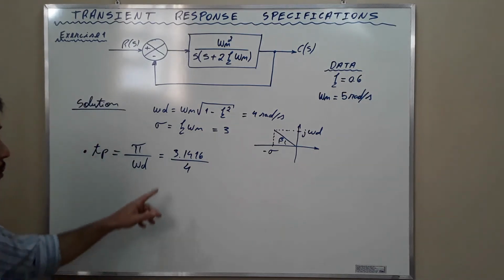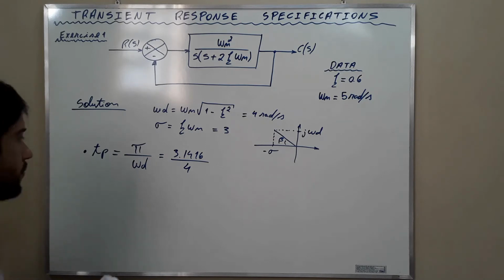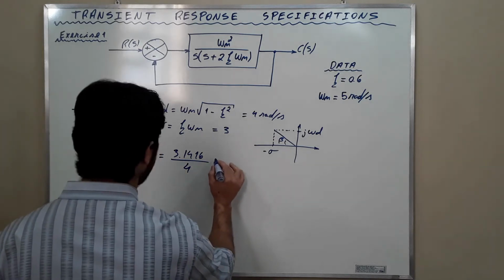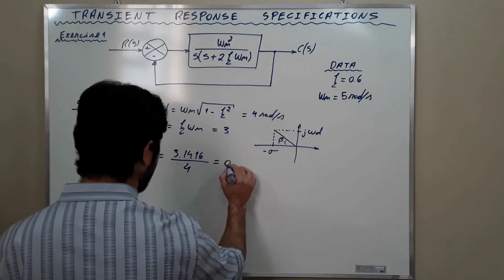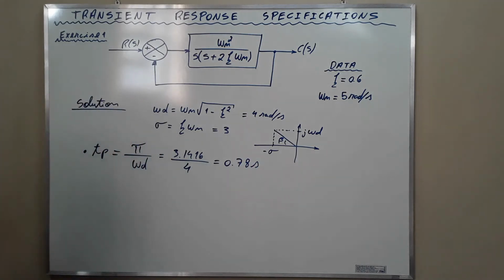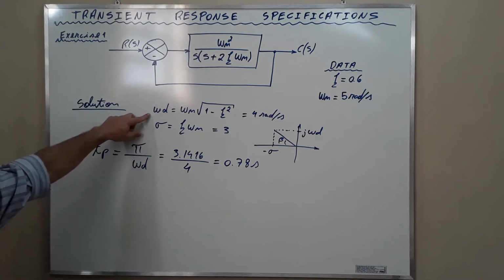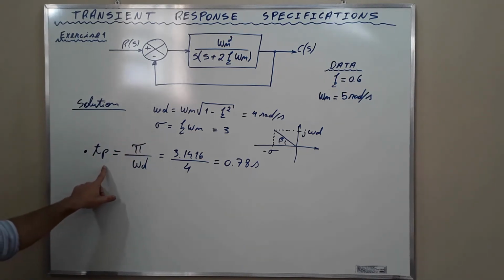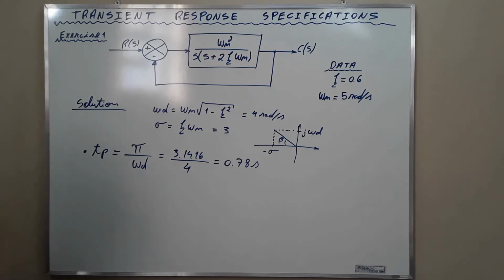Again, an approximate value for pi, and we get that the peak time is 0.78 seconds. Okay? Easy. Once we have the value of Wd, the peak time can be easily found.